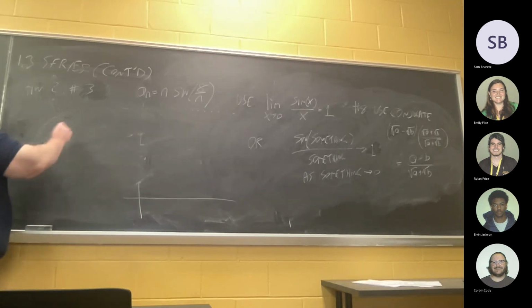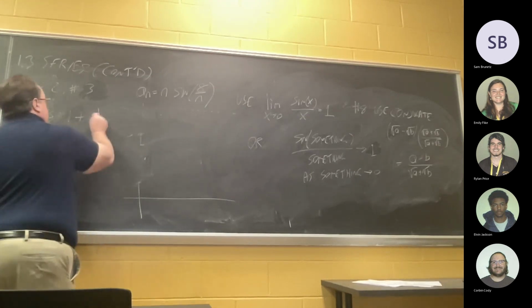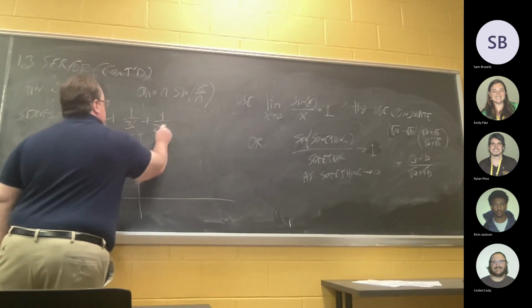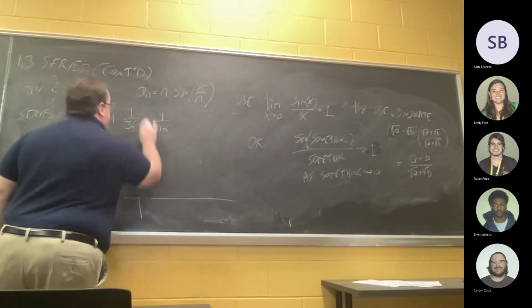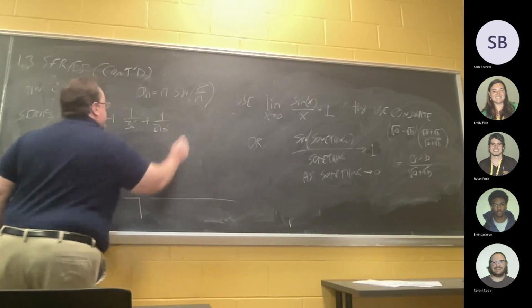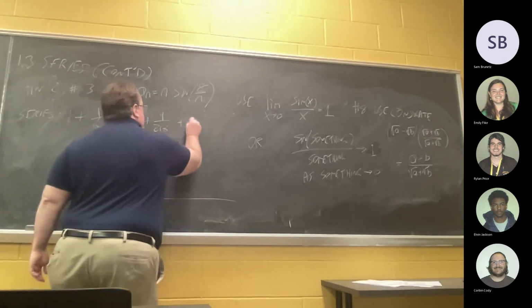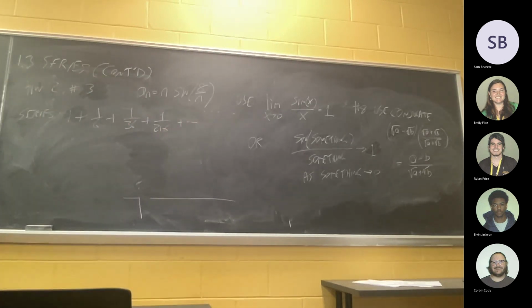So, what you were given was the series 1 plus 1/6 plus 1/36 plus 1/216, plus dot, dot, dot. Express it as a geometric series.